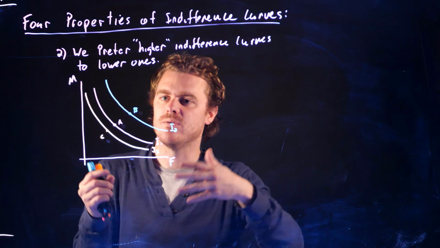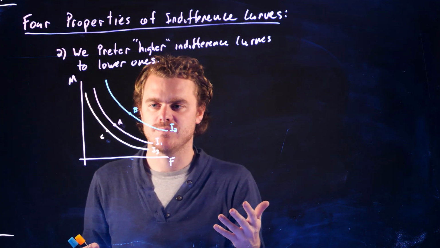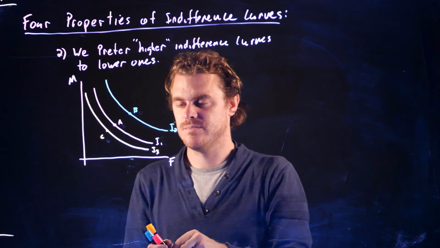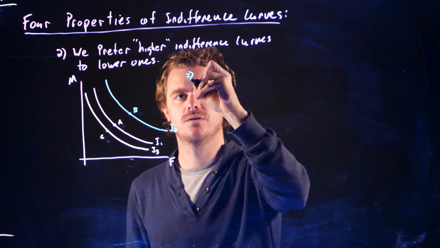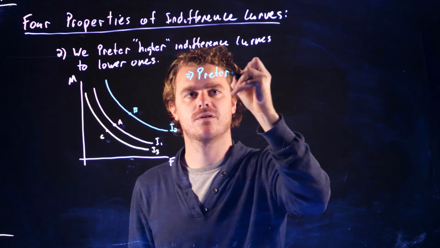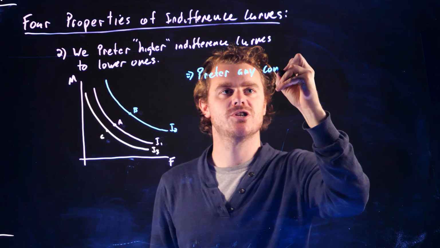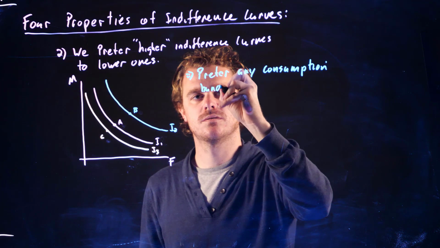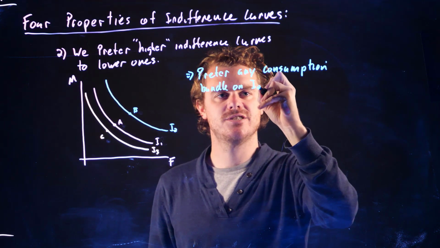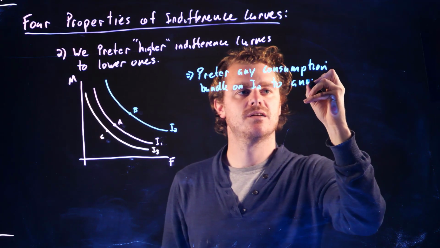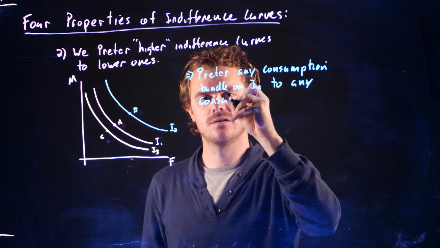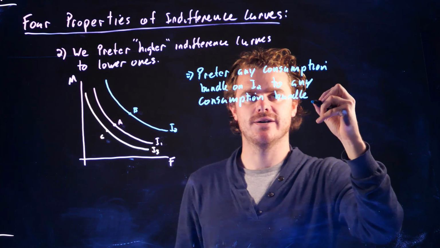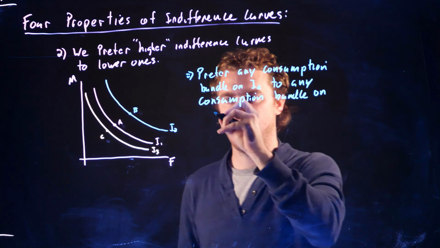So this is what I mean by we want to be on the highest indifference curve possible. So maybe I should just write a little bit of that out. So we would prefer any consumption bundle on I2 to any consumption bundle, so any combination of goods, on I1.